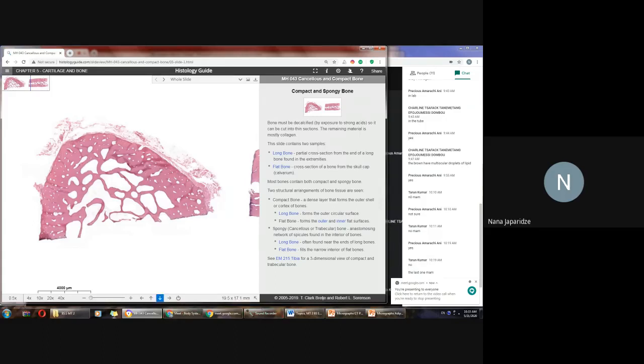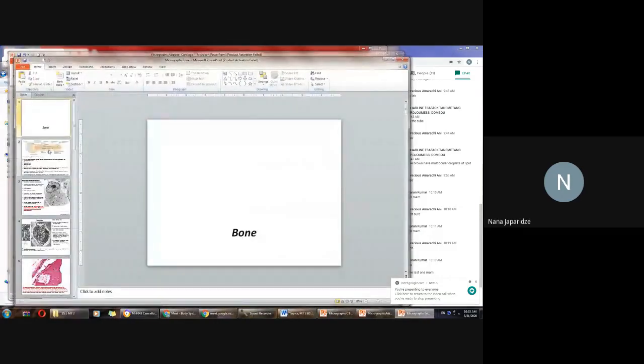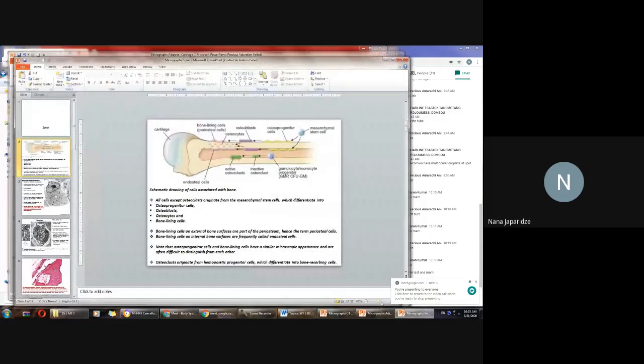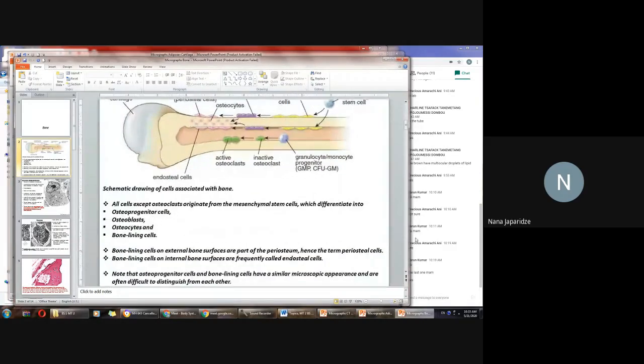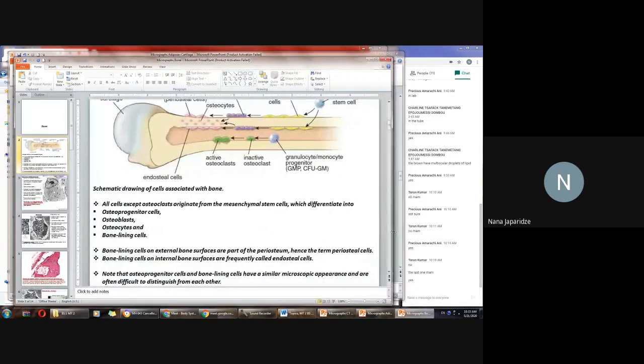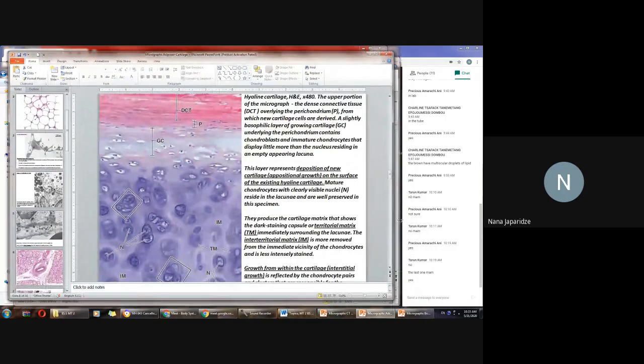And the types of cells which are represented in the bone tissue. What types of cells do we have there? So you see here this schematic image of bone.